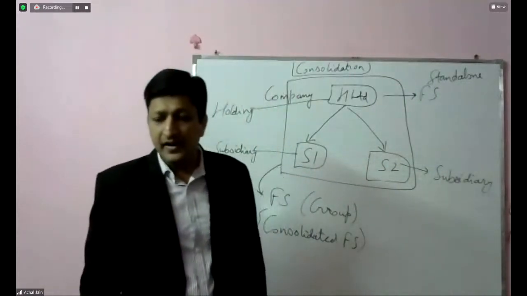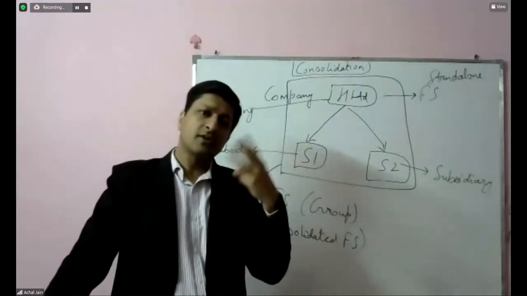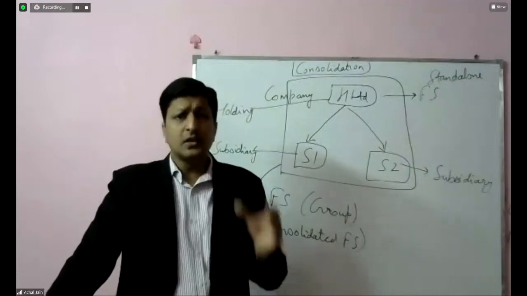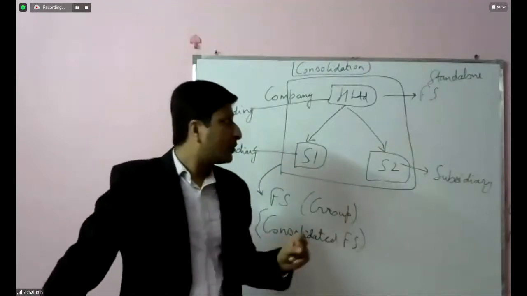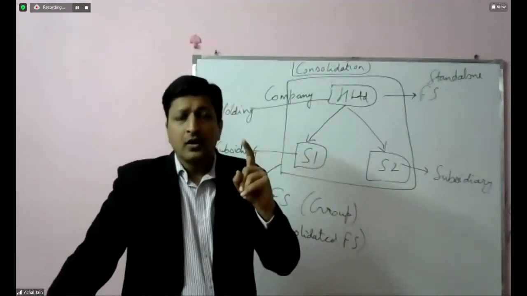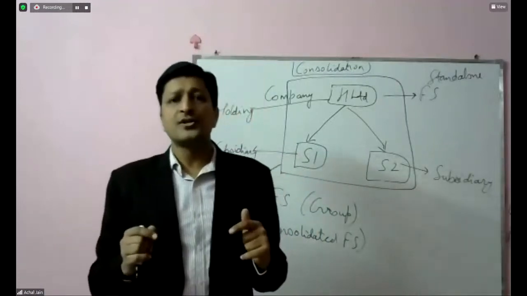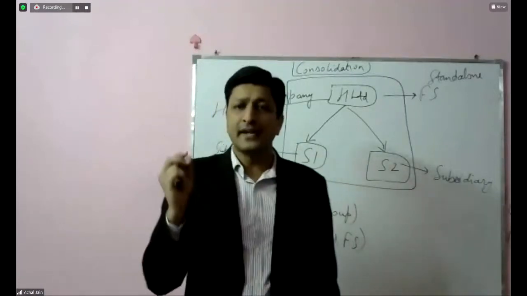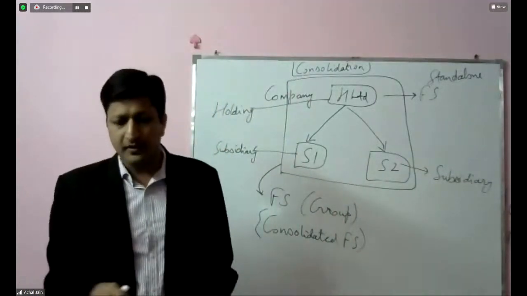Single economic entity means you are considering all of them as one instead of three. The moment you have this thought, wherein you forget that these are not three but one, most of the requirements related to consolidation will automatically get resolved. And let's try to understand some of those principles one by one.